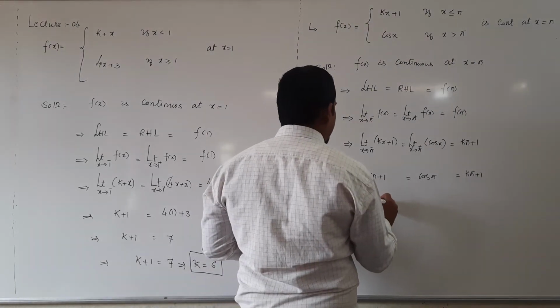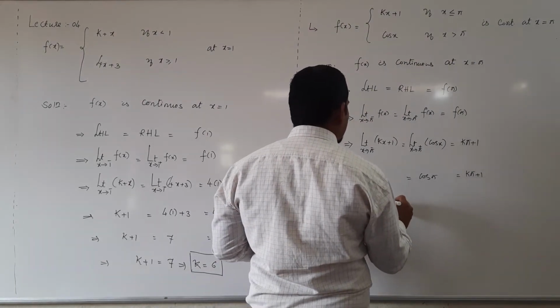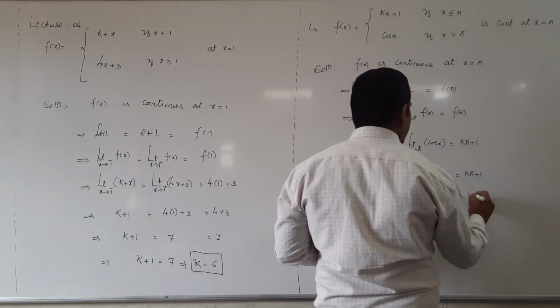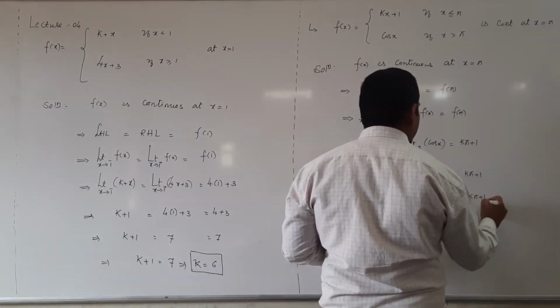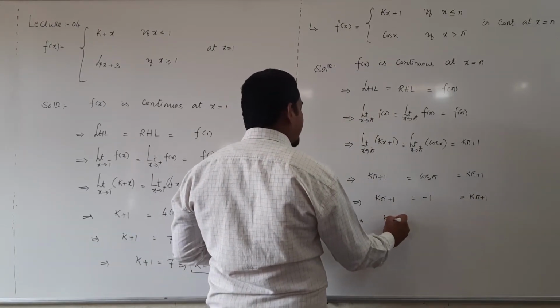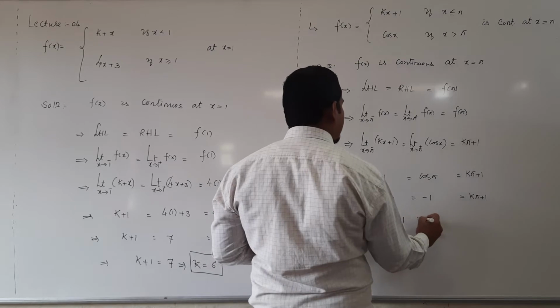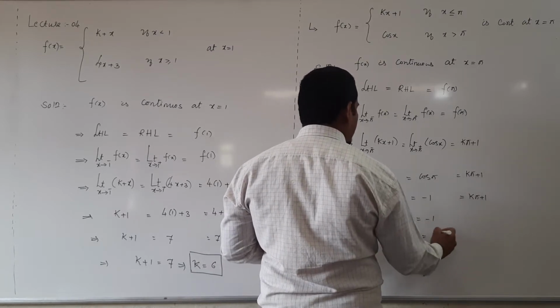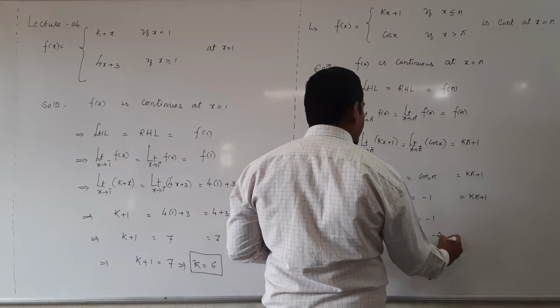So k pi plus 1 is equal to minus 1 is equal to k pi plus 1. Equate any two. Then k pi plus 1 equal to minus 1, then k is equal to minus 2 divided by pi.